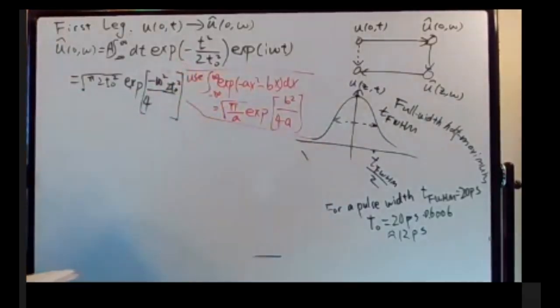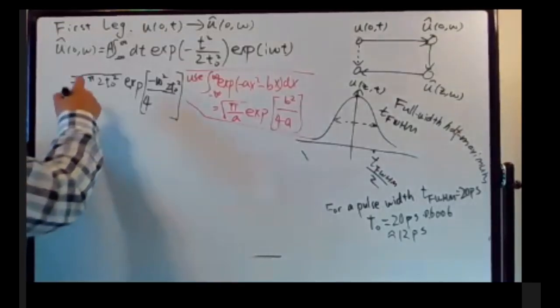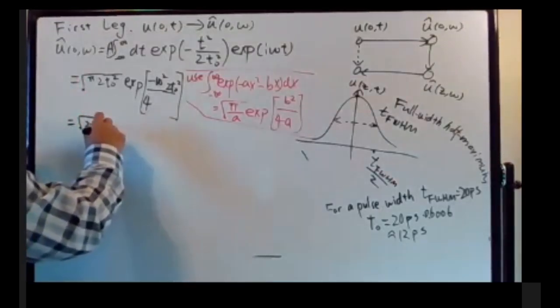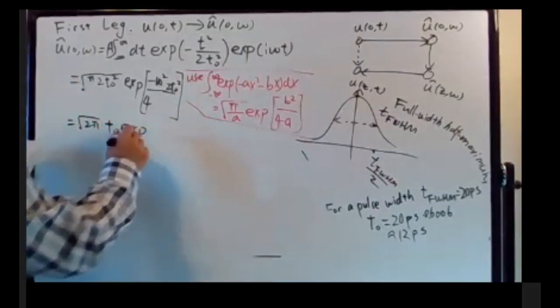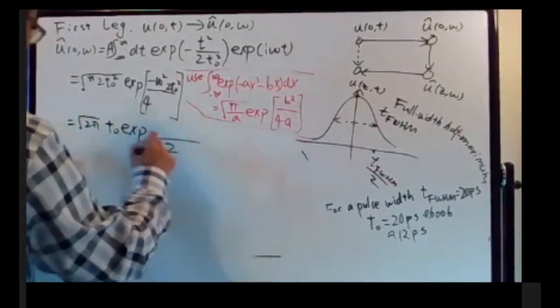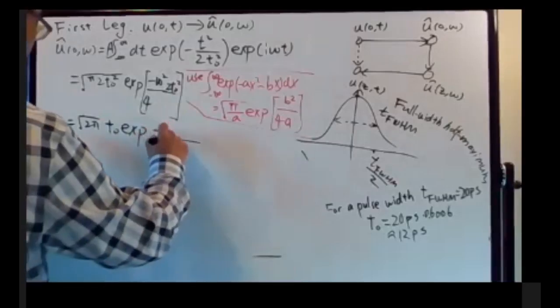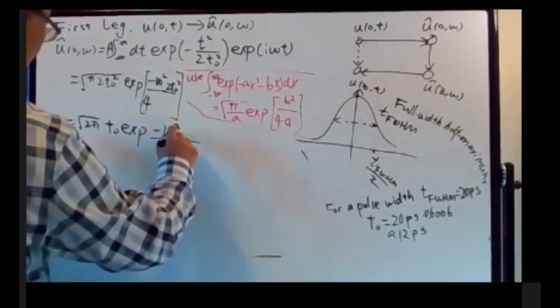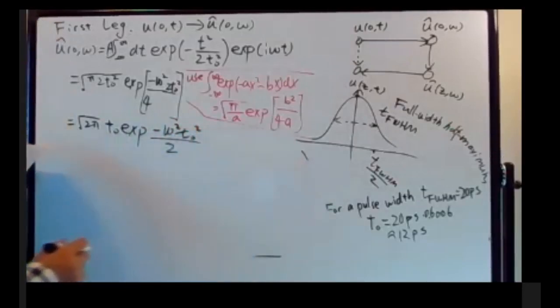Okay, are we good? So that's the 2 t naught squared. So the result is square root of 2 pi t naught, exponential negative omega squared t naught squared over 2, right?